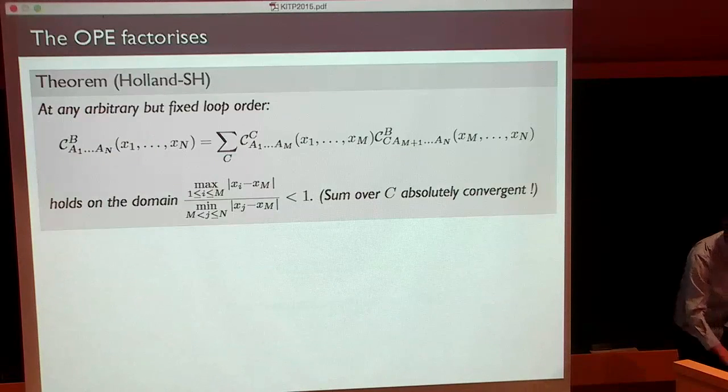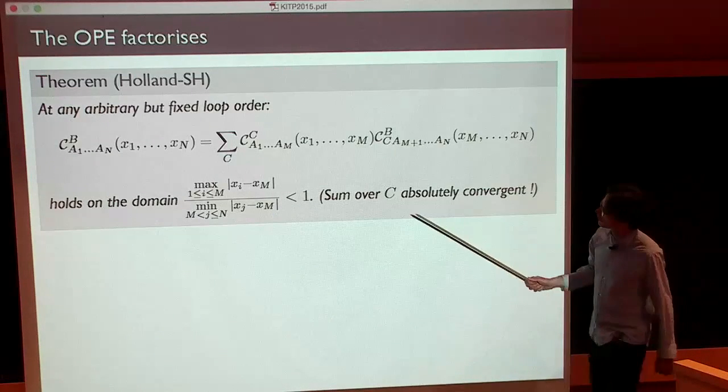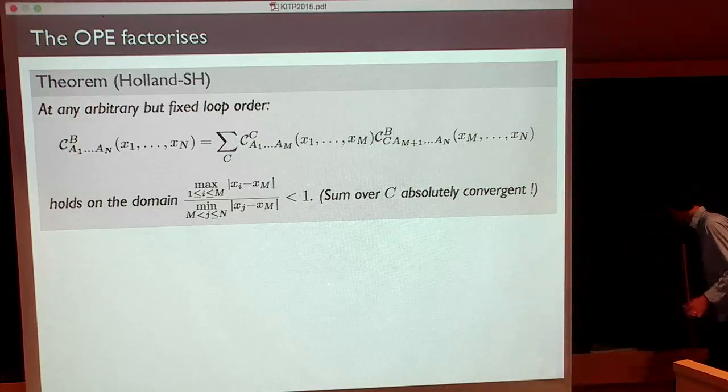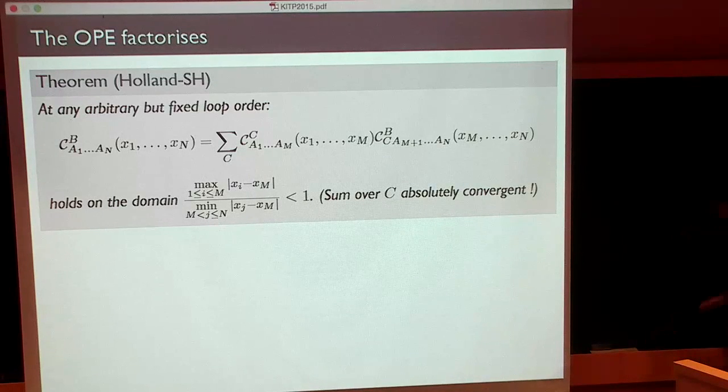Okay, so my first result is the following. It's a kind of factorization, and the idea is most easily explained as follows. If I have, let's say, 3 points, 1, 2, 3, I can have an equilateral triangle, and I have 3 operators, O1 and so on.